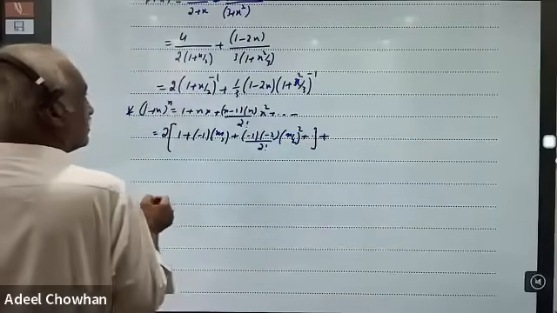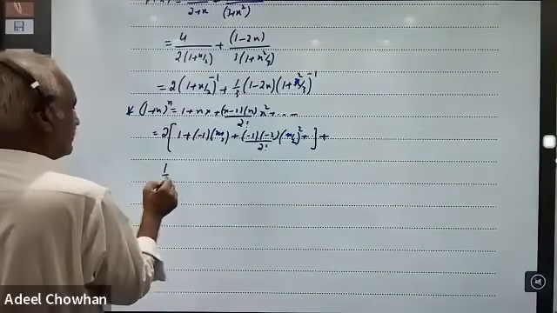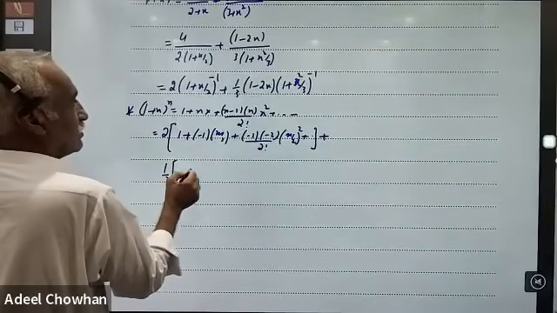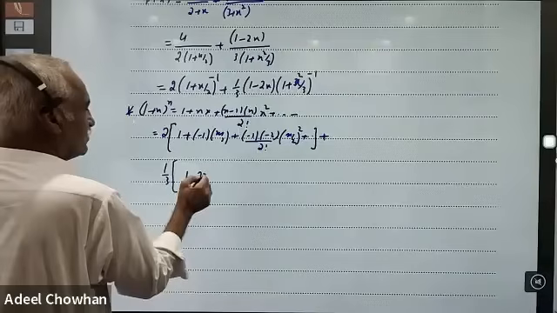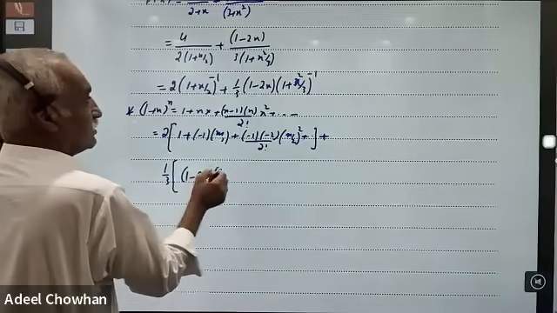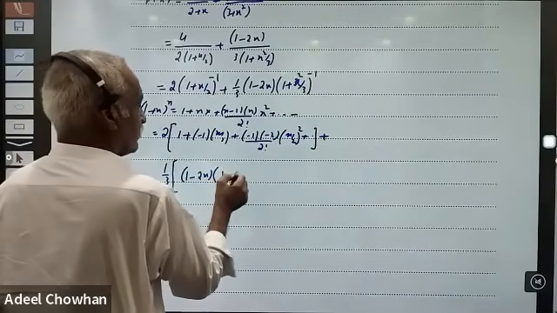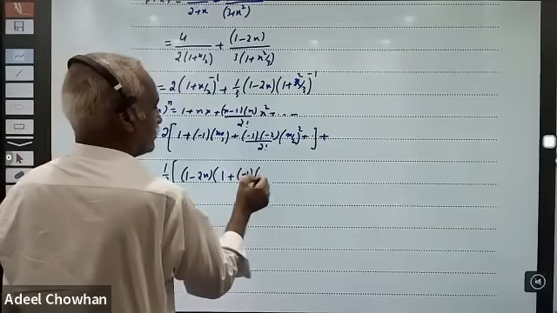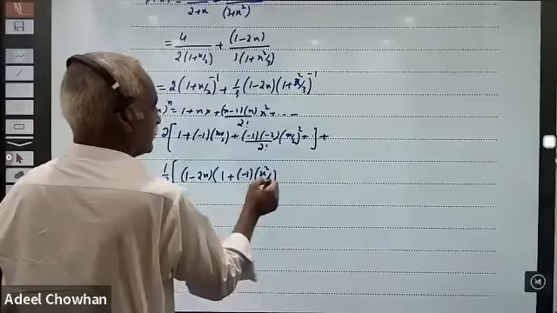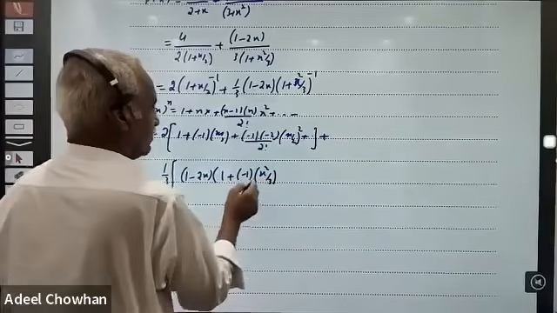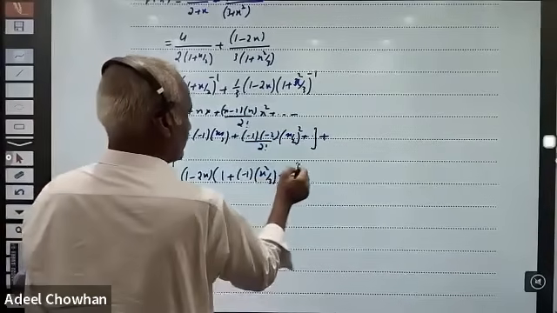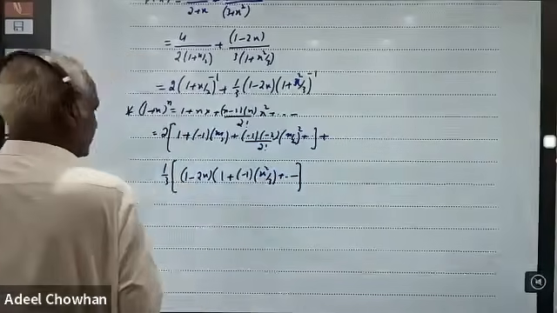Plus 1 over 3 into 1 minus 2x into 1 plus minus 1 into x square over 3, plus so on, because here x power 4 will become negligible.